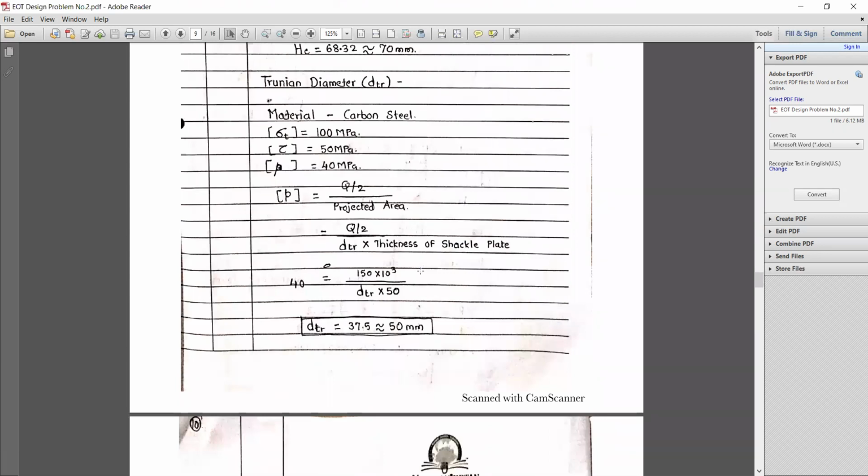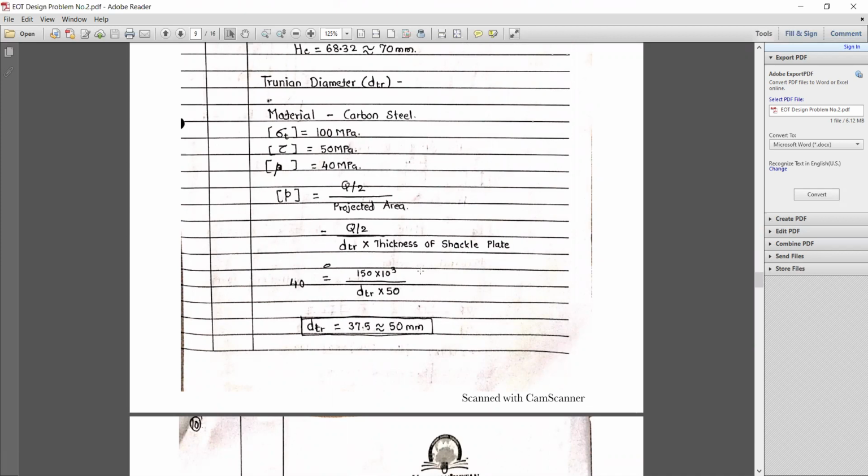Okay, so again for the trunnion diameter also we are considering carbon steel with design sigma T value of 100 megapascal, tau equal to 50 megapascal, and bearing pressure we are considering is 40 megapascal.